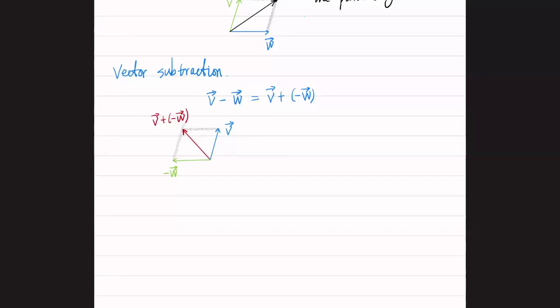Now let's write it down in the coordinate form. So vector addition.